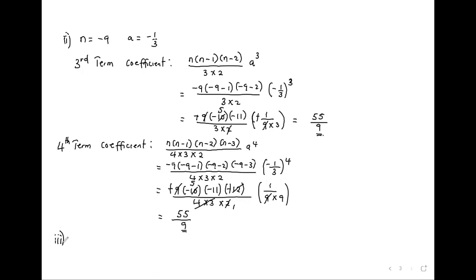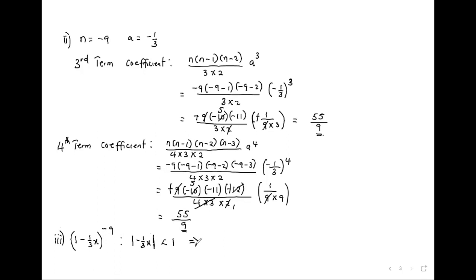The third question: state the set of values of x for which the series is valid. Now we know that the series that we have is the expansion of this to the power -9. The range of validity is always the modulus of the b part less than 1.